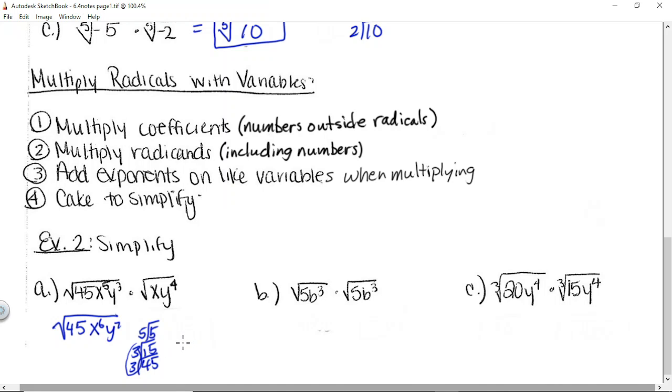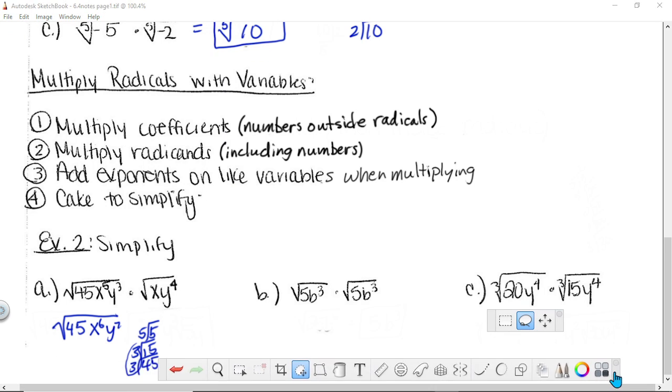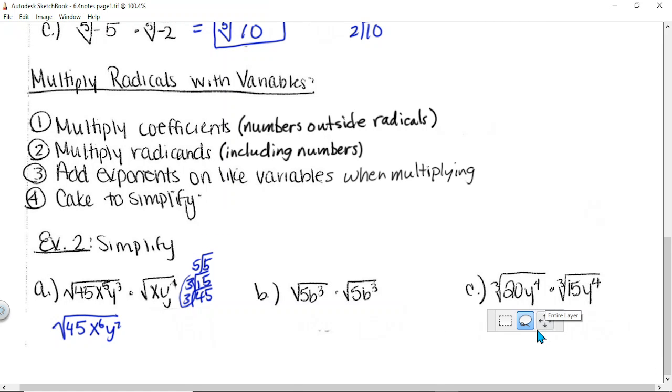Okay, and I actually wrote that in just the wrong place. We can just move it over. Just take a second here. We lasso it, move it out of the way, put it up here. Okay.